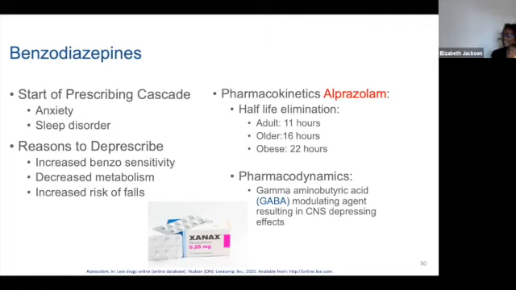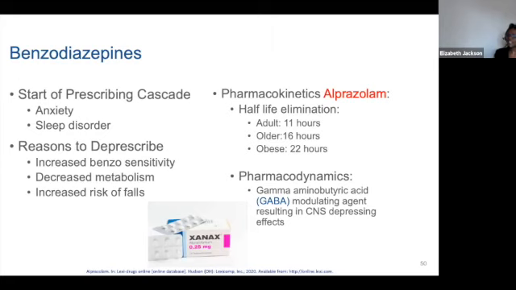The pharmacodynamics of this drug is it's a gamma-aminobutyric acid modulating agent that results in CNS, central nervous system, depressing effects. The reasons to deprescribe this drug in an older adult would be increased benzodiazepine sensitivity.